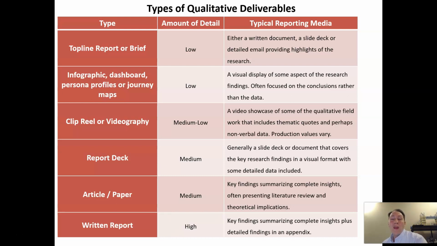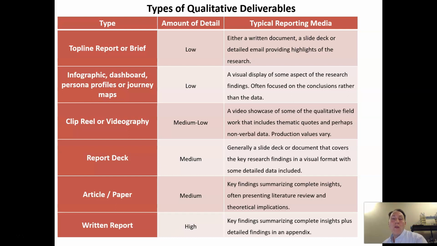What you're typically going to do as a marketing researcher is instead put together a written report that contains all of your data, a high level of detail, and it's going to generally be segmented into two pieces. One is going to be your key findings or your detailed findings that talk about the big picture things that you've learned and the insights and the synthesis that emerged from your data analysis.